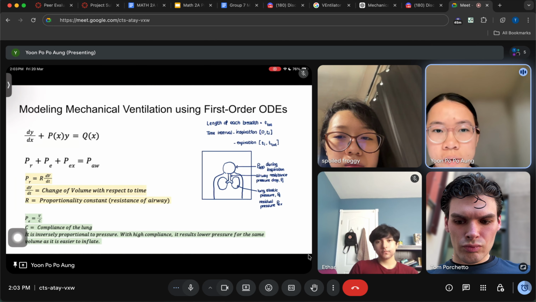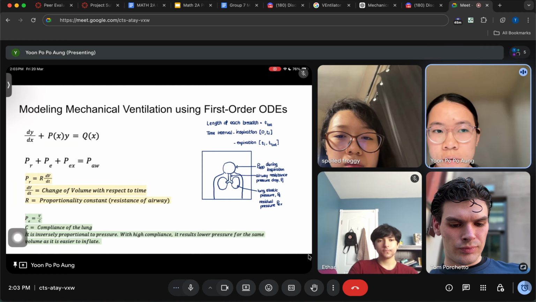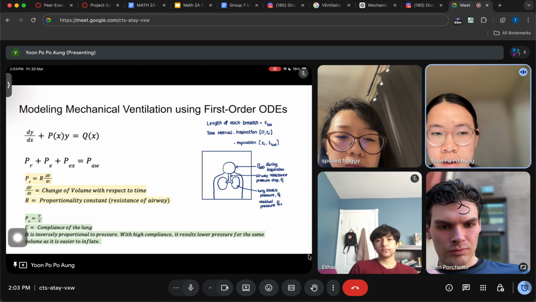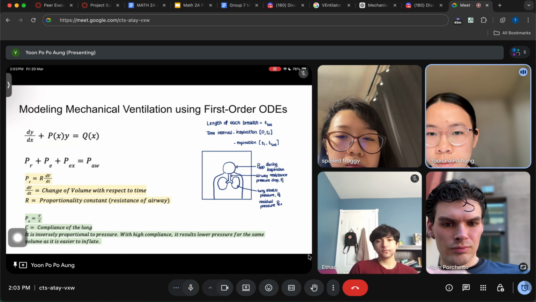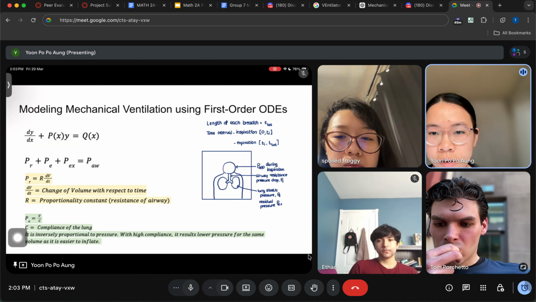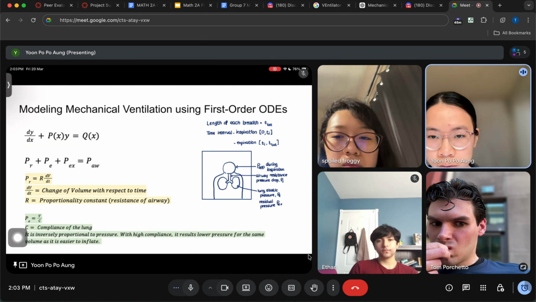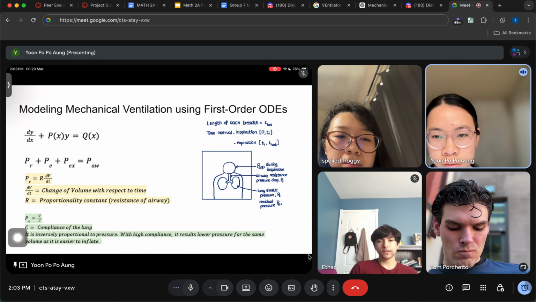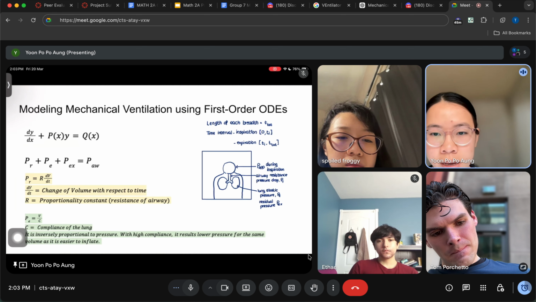In our project, we're using a single compartment mechanical system and the pressure balance equation, where P_R is the resistive pressure, which can be found using the change of volume with respect to time, with R as a proportionality constant, the resistance of the airway.